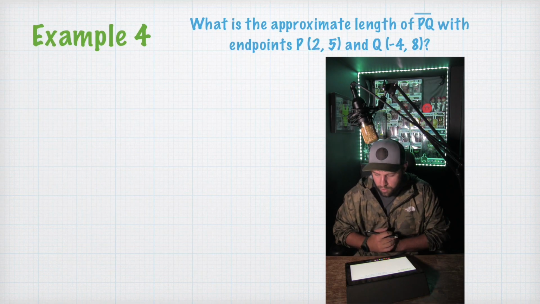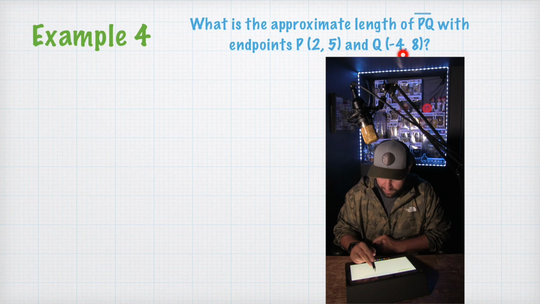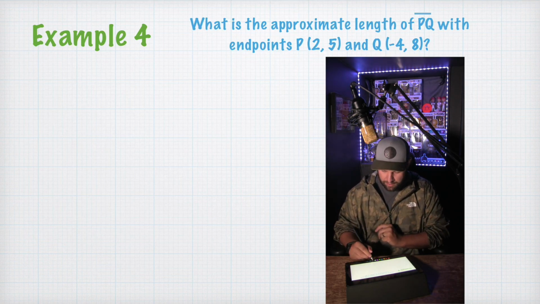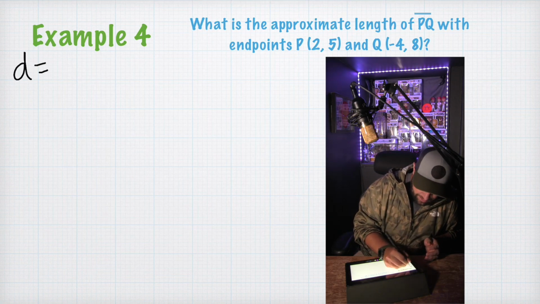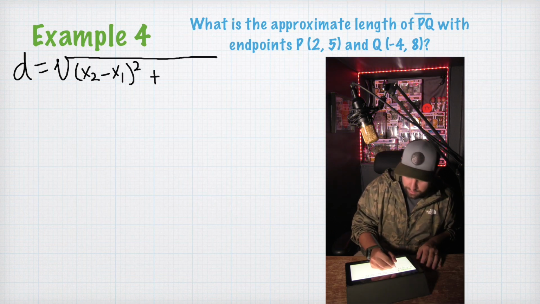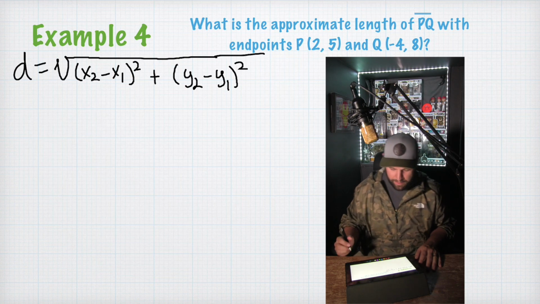Example 4. What is the approximate length of PQ with endpoints P, which are 2, 5, and Q, which is negative 4, 8? To do this, first thing we need to do is I'm just going to write down the distance formula, which equals D equals the square root of x sub 2 minus x sub 1 squared plus y sub 2 minus y sub 1 squared. Okay?